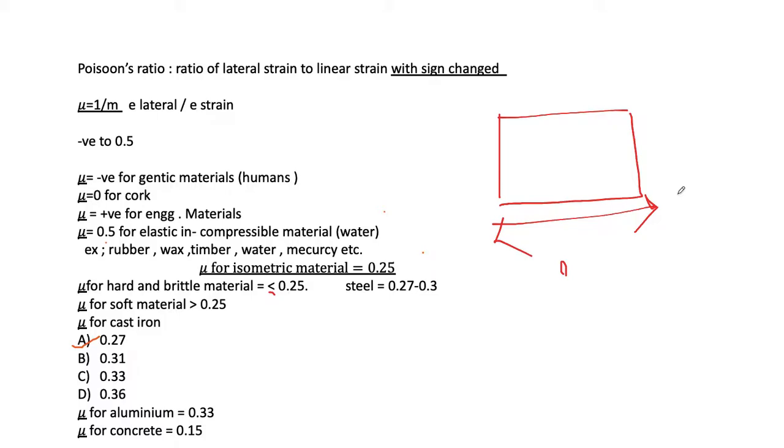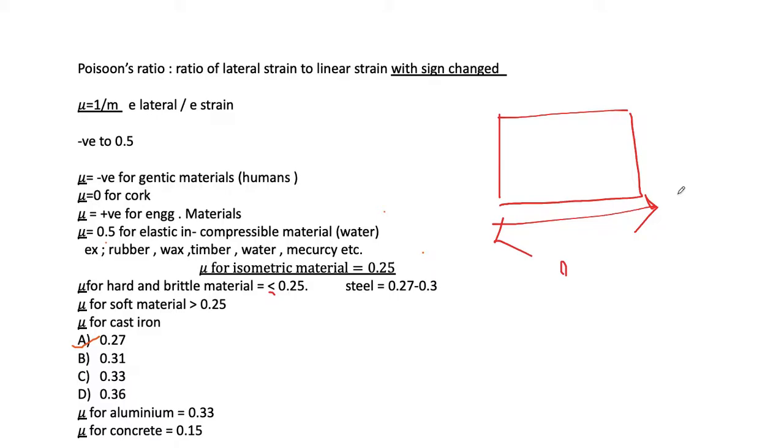Nu is equal to 0 for cork, which is like wood. Next, nu is positive for engineering materials. Nu is equal to 0.5 for elastic and incompressible material, which is nothing but water.